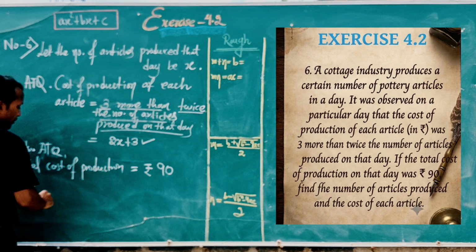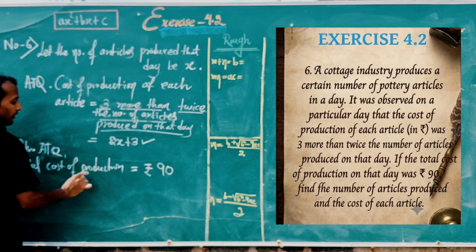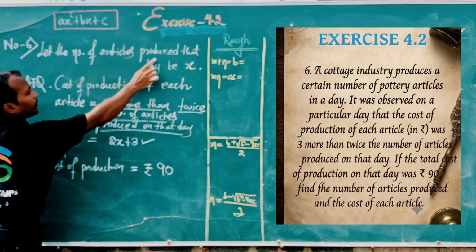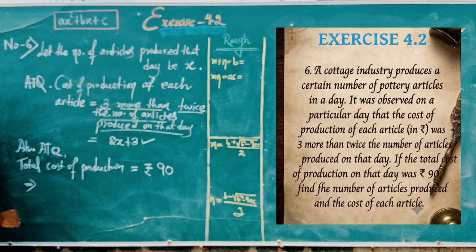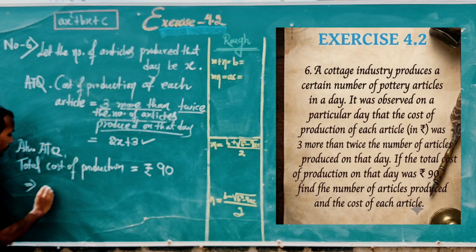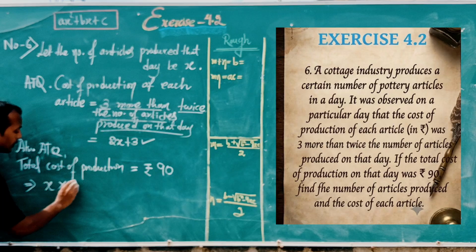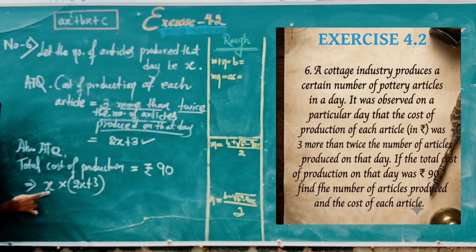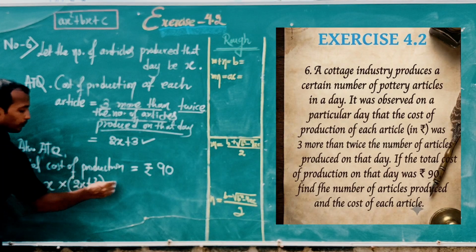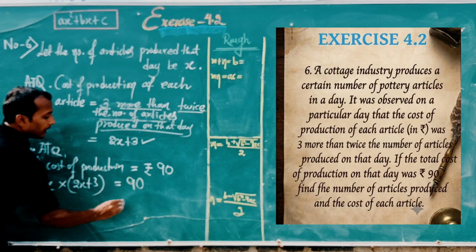And we know that total cost of production is calculated by multiplying the number of articles produced that day with the cost of production of each article. So it's simple. We will multiply the number of articles, which is x, and the cost of producing each article, 2x plus 3, which will give you the total cost of production, that is 90.